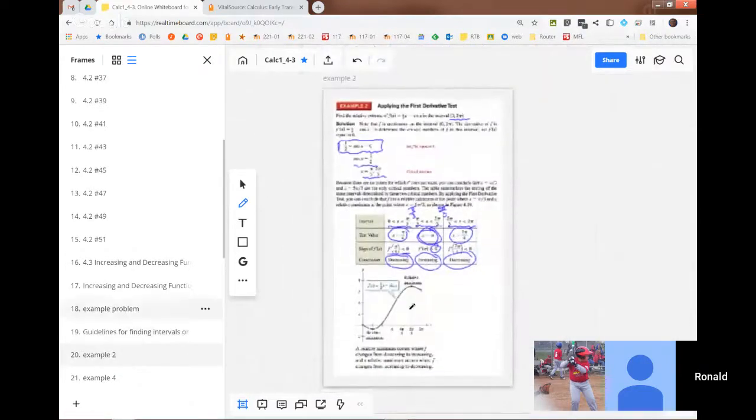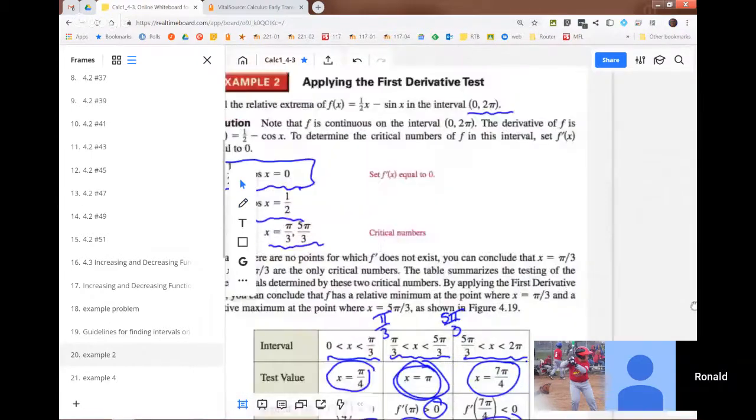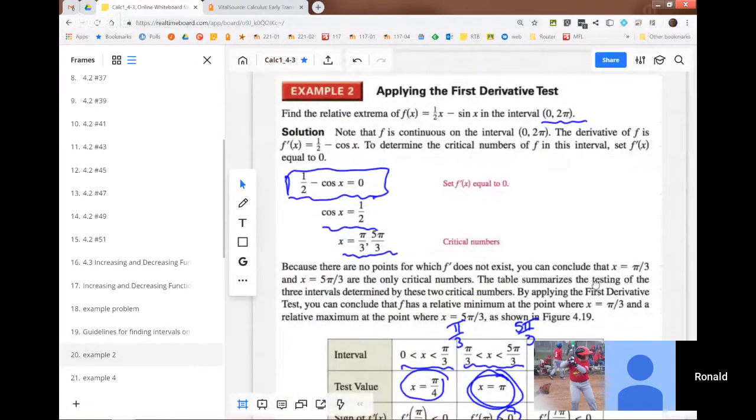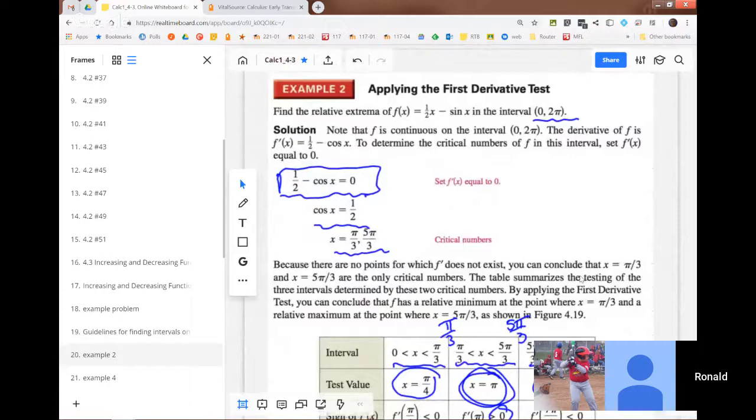So let's look at our second example here. We've got this function 1/2 x minus sine x, and the interval is from 0 to 2 pi. We take our derivative, and we get 1/2 minus cosine x. When is that 0?